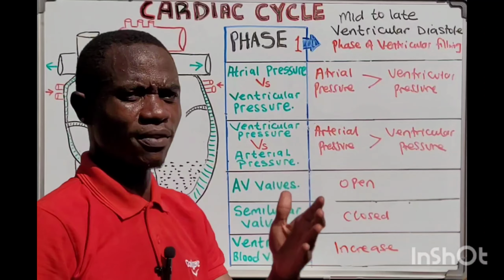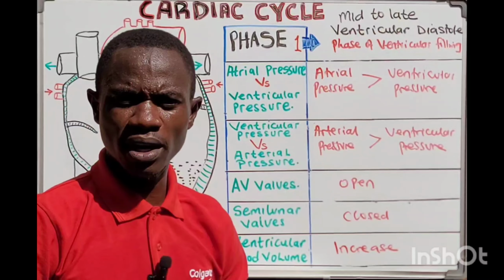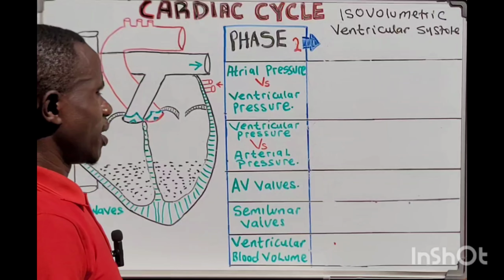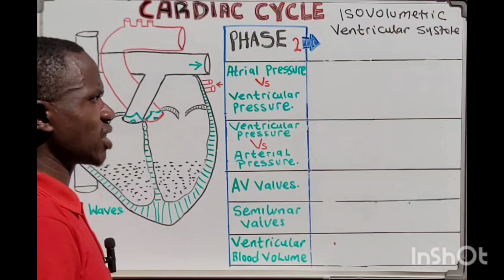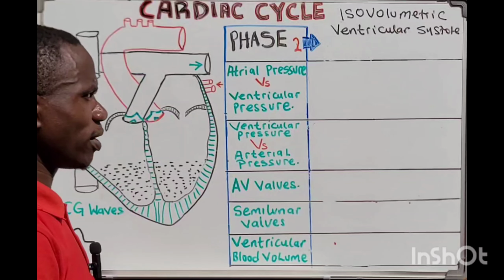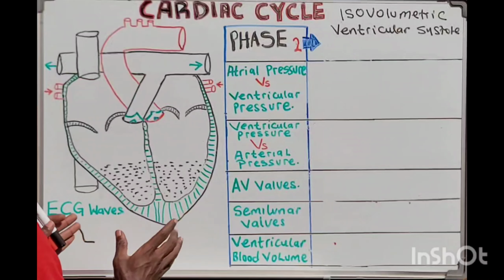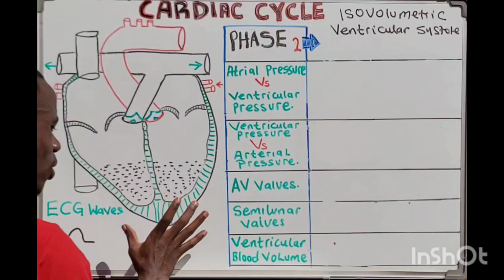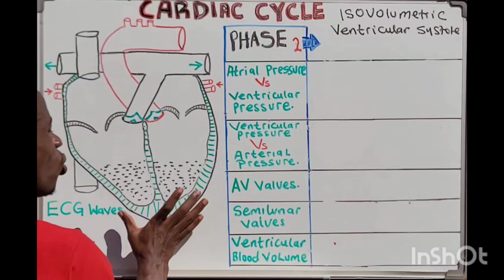So now let's go to the second phase, which we are calling the isovolumetric ventricular contraction. Okay, so we are looking at the second phase of the cardiac cycle, the isovolumetric ventricular systole, what we call ventricular contraction. During this phase, our ventricles are going to be depolarizing and starting to contract.